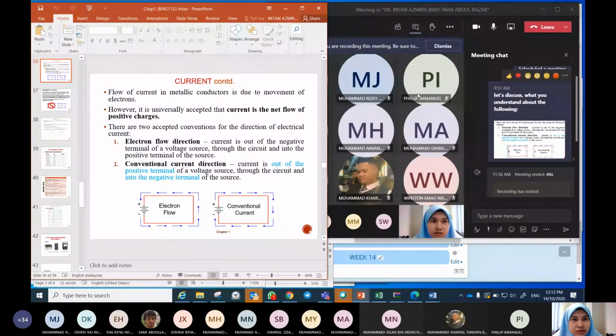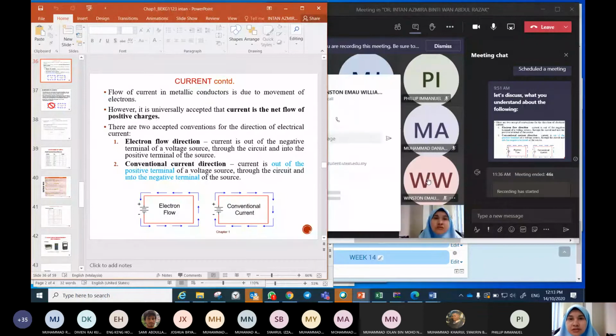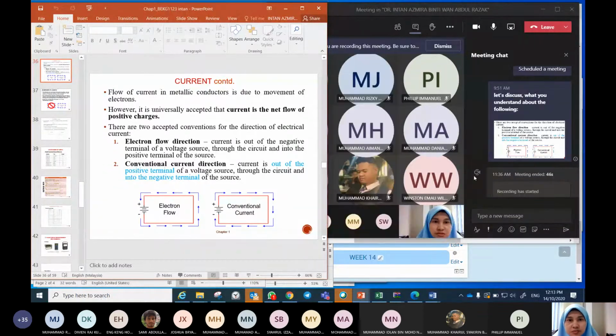What do you understand from this slide? If you have a microphone, just speak, or you may type your answer here.